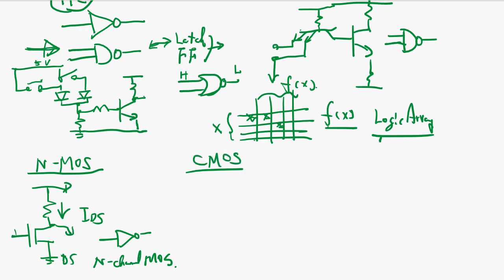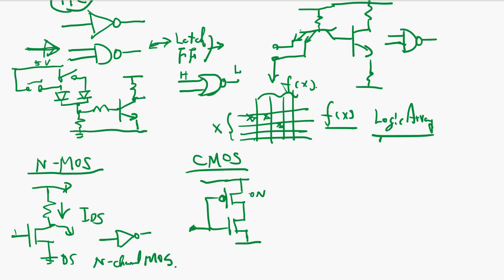CMOS. How about CMOS? CMOS is where you combine P channel, we write it this way, and N channel together. So what happens is when this voltage is low, since it's P channel, the low voltage is going to turn this on and turn off this side.